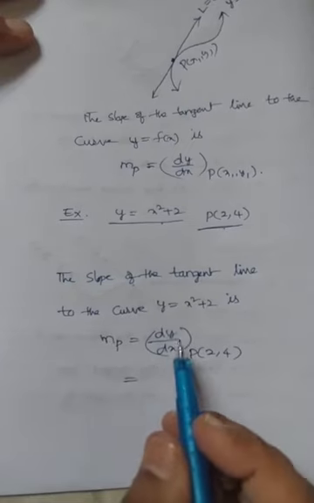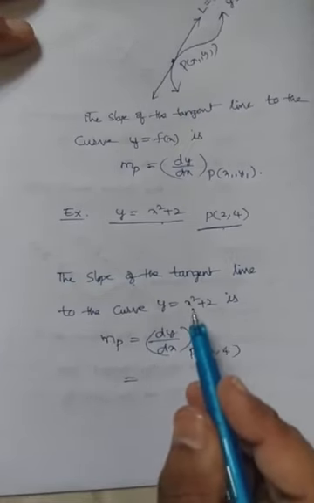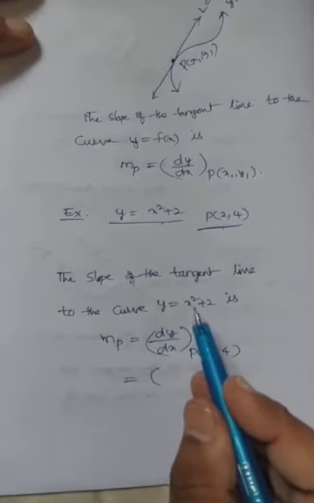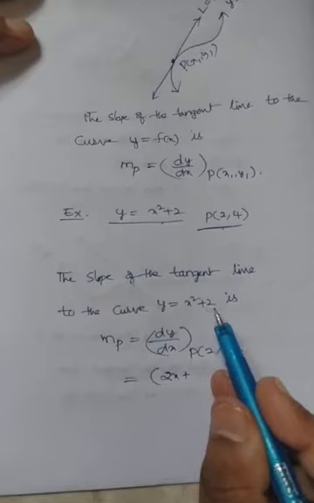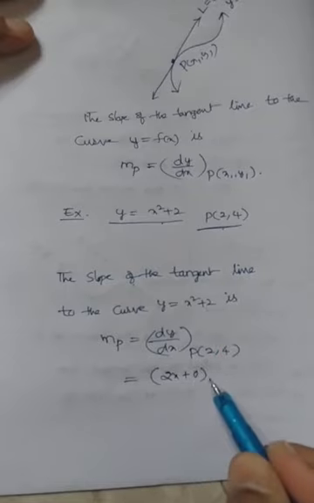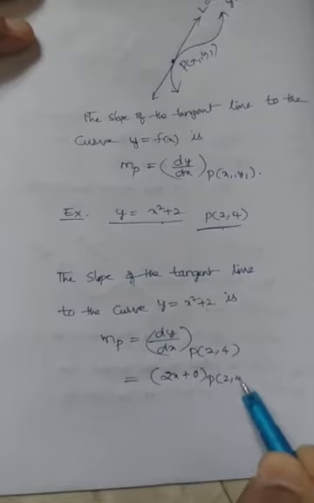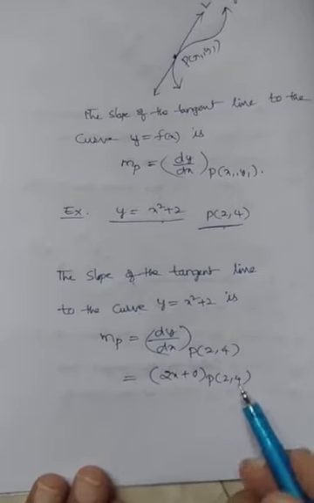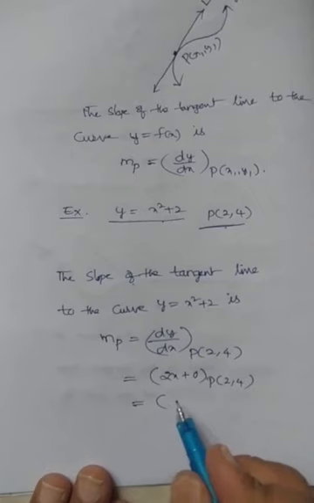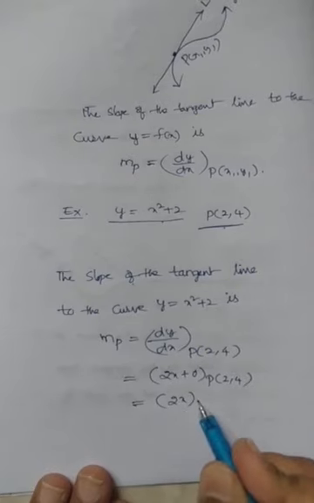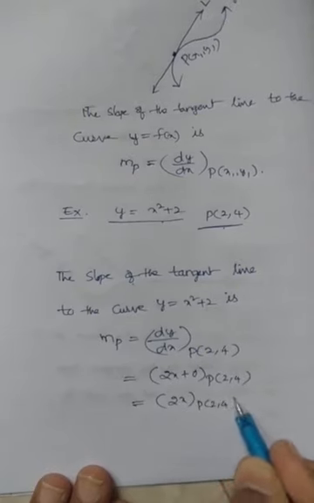So what is the derivative of this y? The derivative of x square is 2x, and the derivative of 2 is 0. So the derivative of this curve is 2x at the point 2 comma 4.